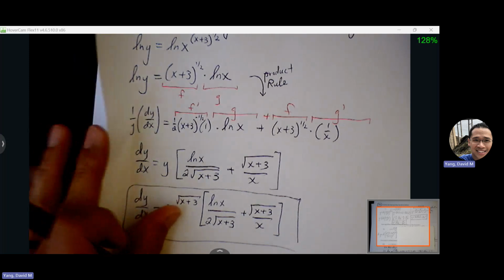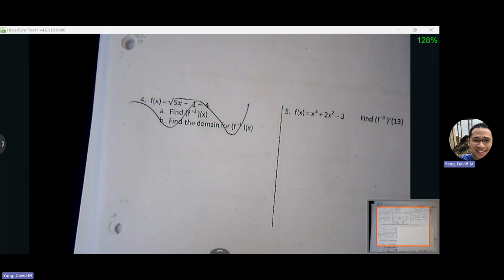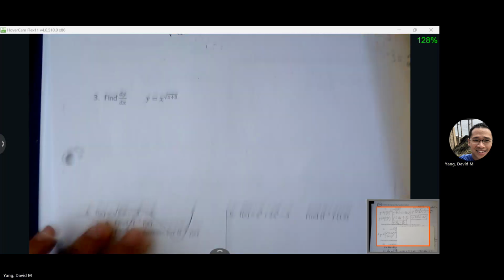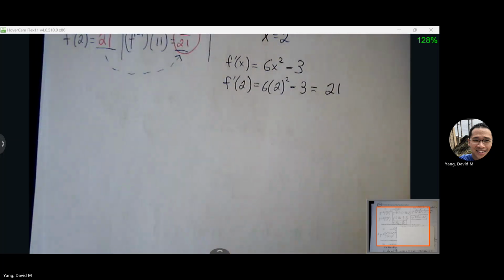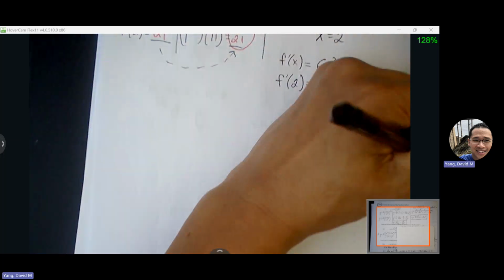Okay, let's do a final one here. Number 5, back to another derivative of inverse at a point. Same process as the number 12 from the earlier page.